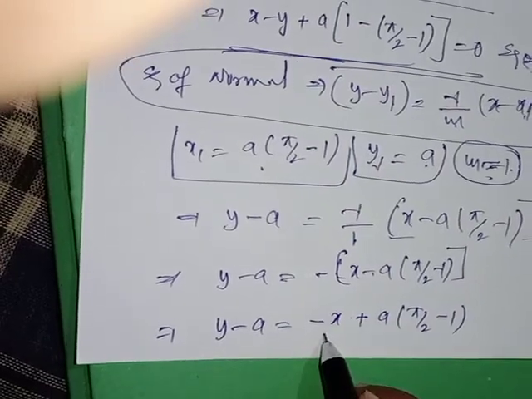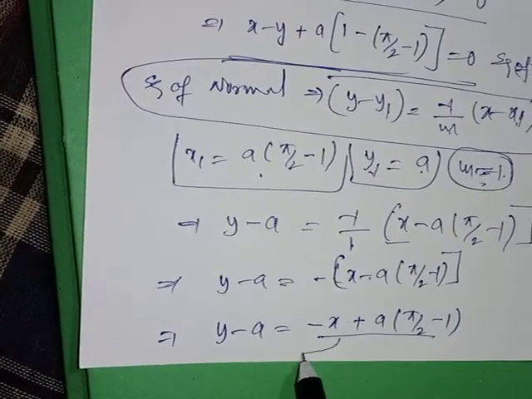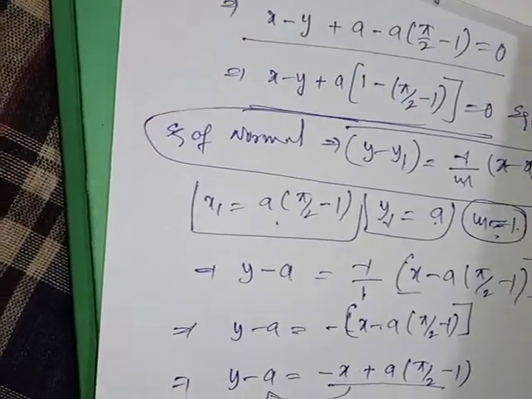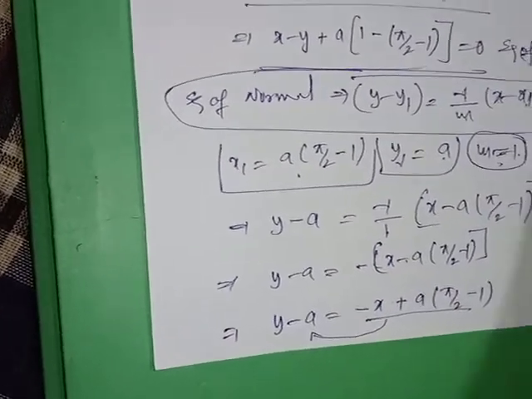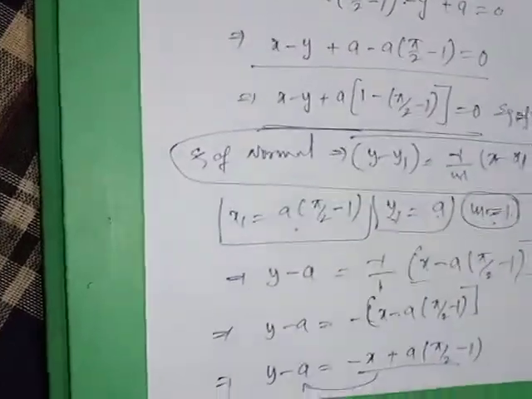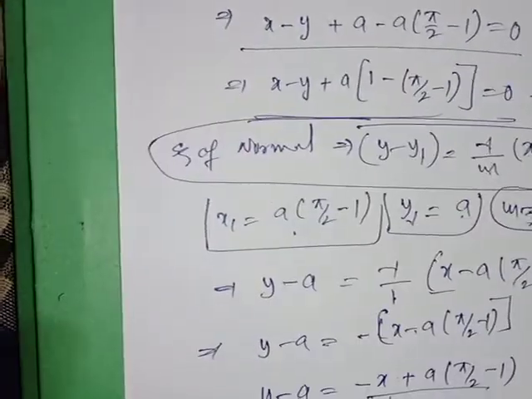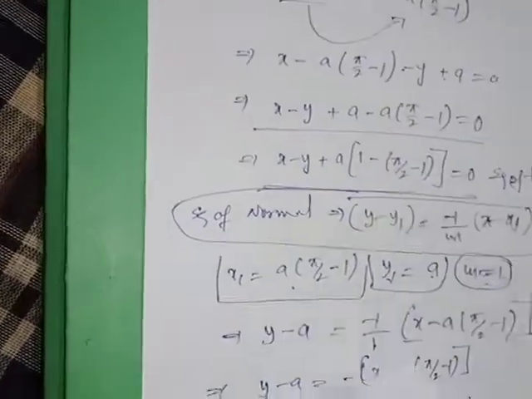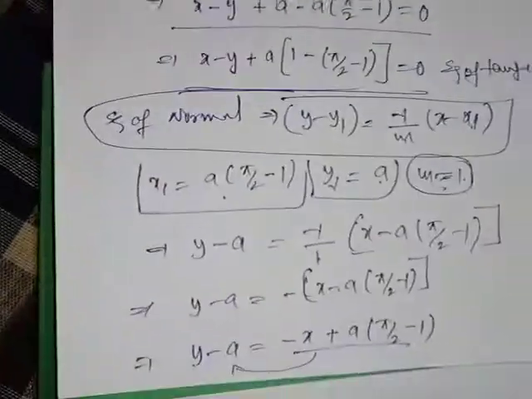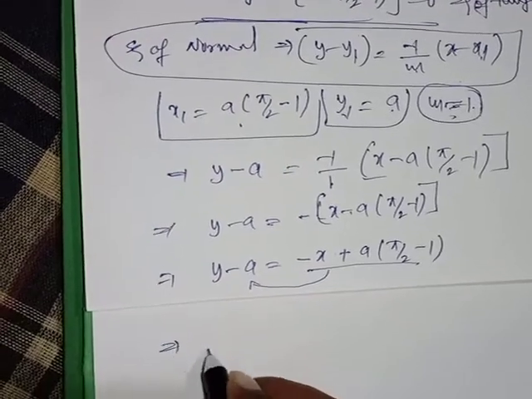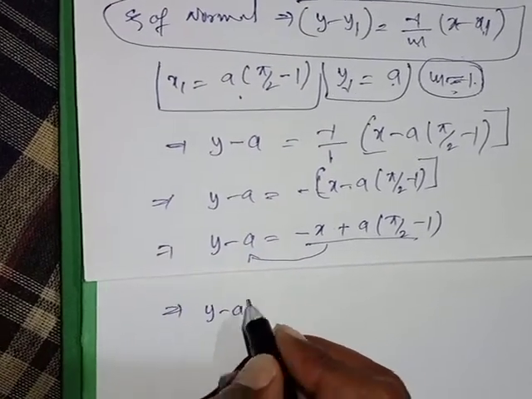So here x has negative value, so transfer this total value to the left hand side. That is y minus a, this is the same.